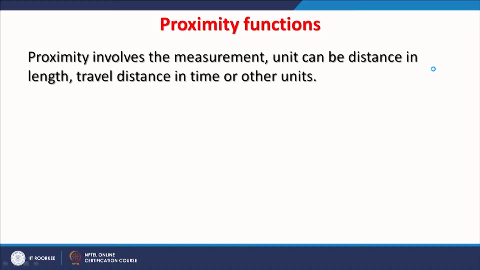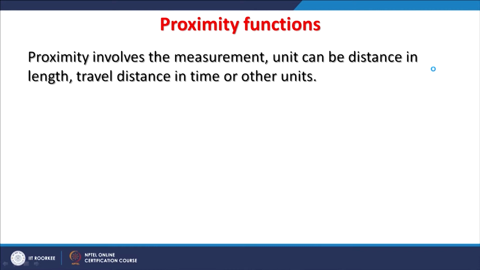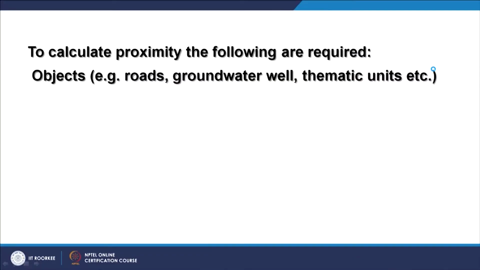Some sections of proximity functions we have already dealt with. Nonetheless, proximity basically involves measurement, as you recall the buffering in our previous lecture, and the unit can be distance in length generally, or travel distance in time, or other units like dispersion of pollutants, concentration. Now, in order to calculate proximity, what are the requirements? The first requirement is objects, which will always mean spatial objects. For example, there might be roads, groundwater wells, thematic units, land use, forest, anything basically.